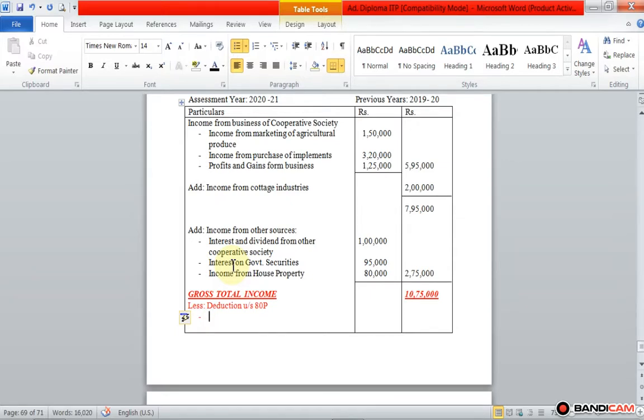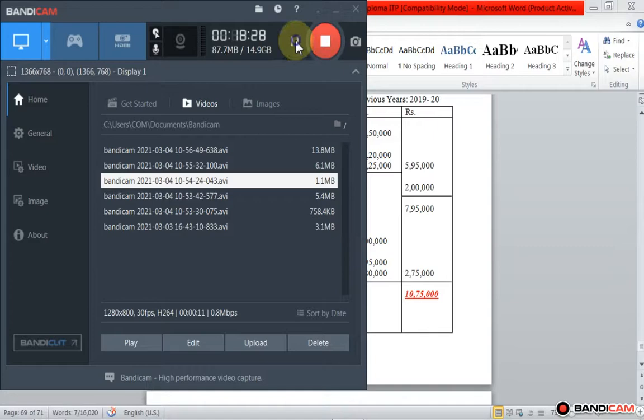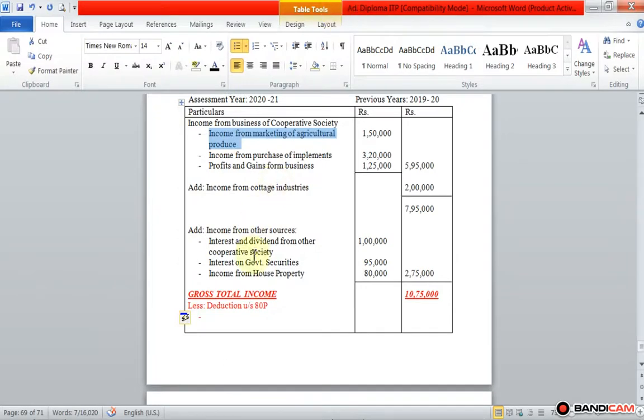First, income from marketing of agricultural produce. Okay, so here we get a deduction under section 80P in respect of the cooperative society.